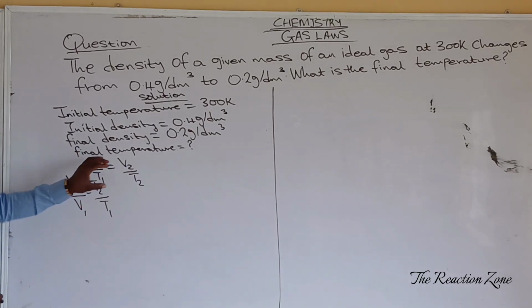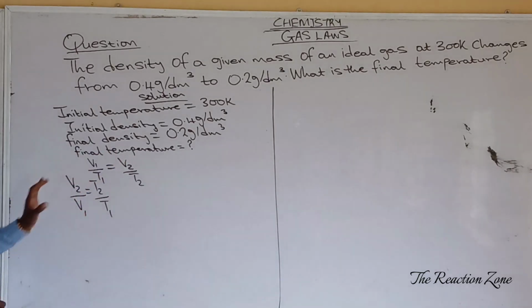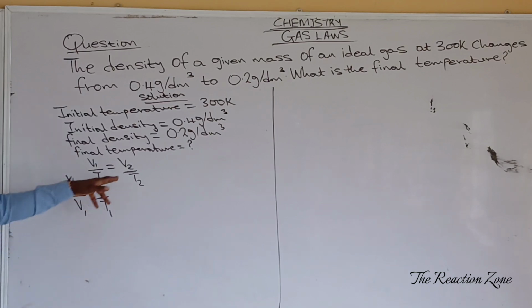When you cross multiply this and cross multiply this, you get the same thing. So this is just another way of writing the expression for Charles' law. If we look at the parameters given to us in the question, we have values for temperature and density. We don't have values for volume. So, how do we go about solving this problem?